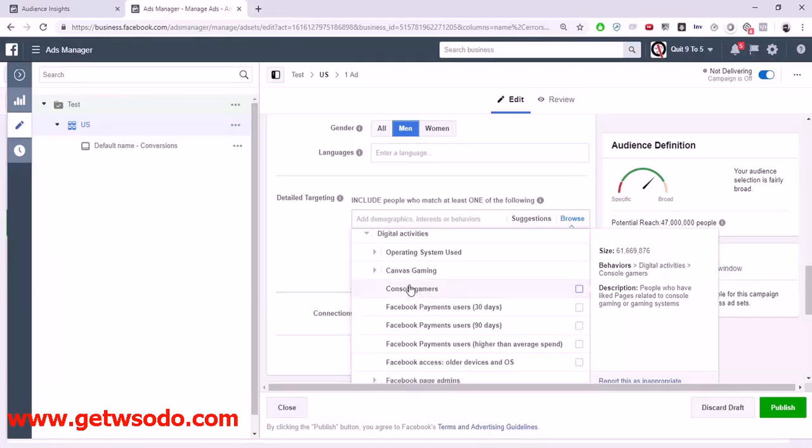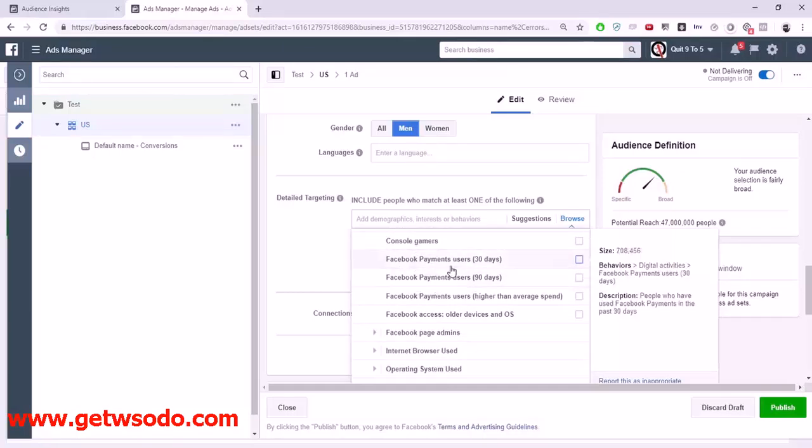This one comes from within Facebook, obviously: Facebook payment users. These are people who actually use the Facebook payment system, which means they put their credit card inside of Facebook. So Facebook has this data as well. This usually just means that they buy a lot of stuff online. So these ones are pretty decent, actually.